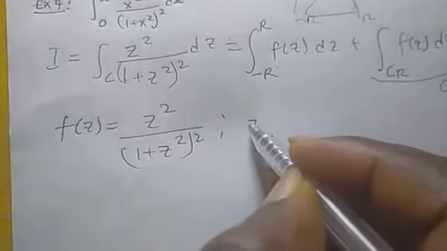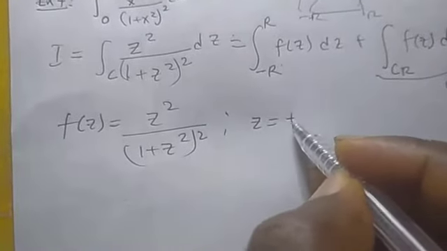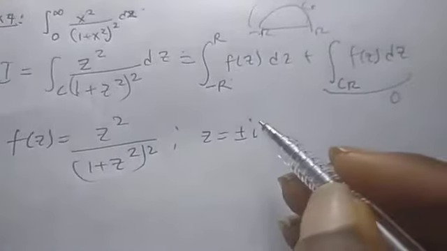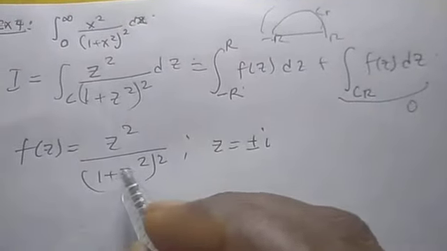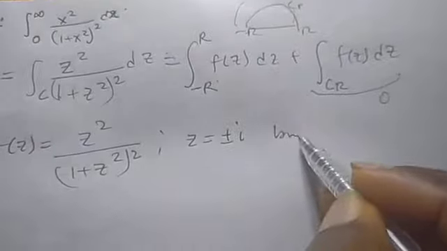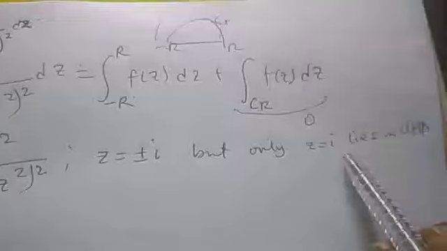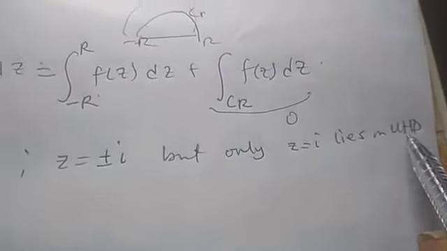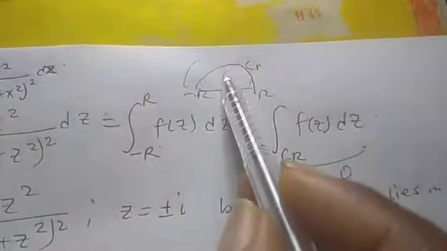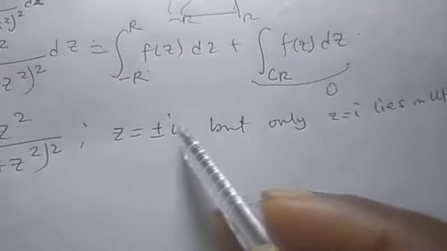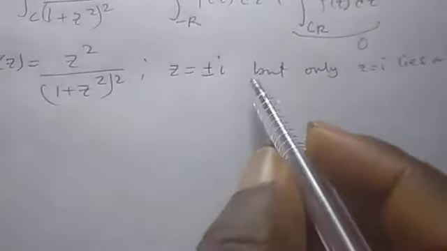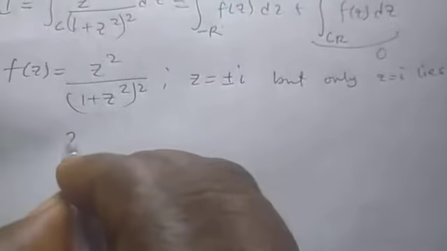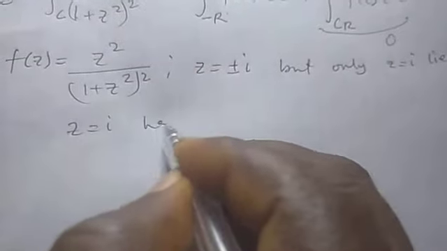Without stressing ourselves, we see that z equals plus or minus i are the singular points, but only z equals i lies in the upper half plane. Minus i is in the lower half plane, so only z equals i lies there, and z equals i is a double pole.